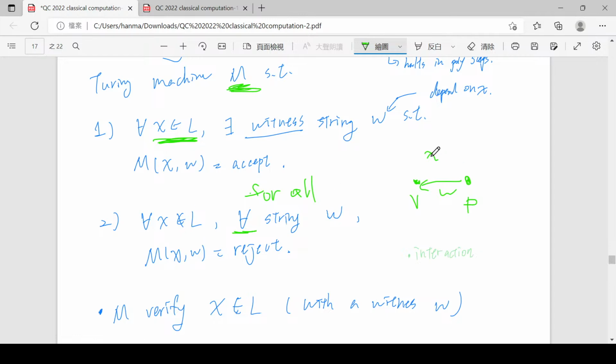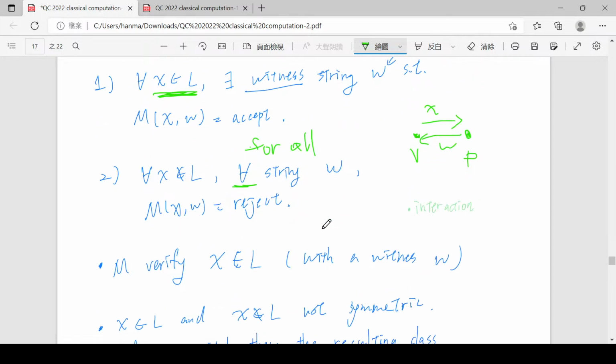But when X is not in the language, then the prover cannot trick the verifier into accepting, because no string W will make the verifier accept. So this is kind of an interaction model: prover, verifier.